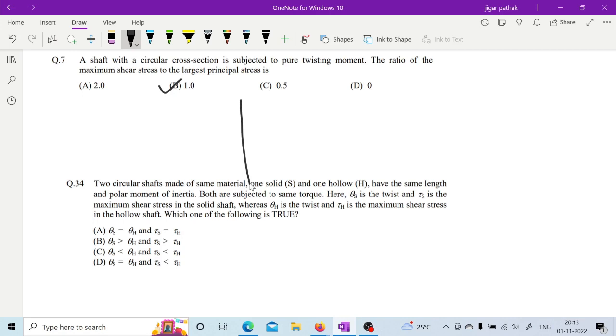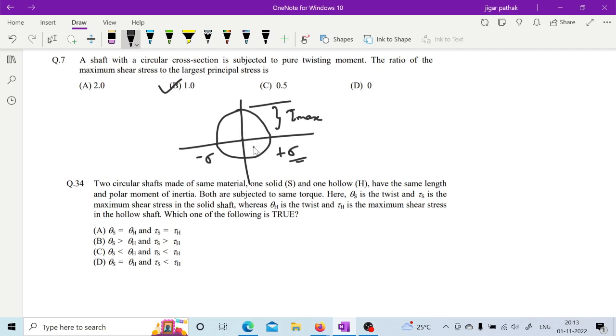Why? Because it is pure shear. When you plot this pure twisting moment on your Mohr circle, it will be like this. Whatever positive normal stress is there, the same equal compressive stress will be there, right? So it is like this. Your maximum tau max is this only, the same as this sigma.